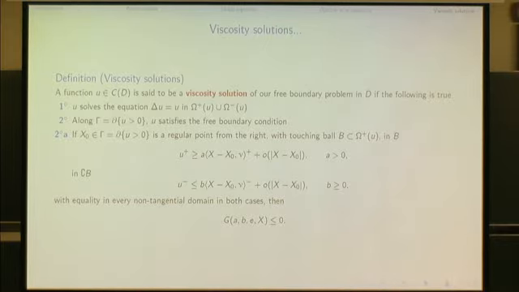And finally, the definition of viscosity solutions. This is my favorite part of the slides because it's very long, but I'll give you some geometric explanation of these two cases that I will be considering. So first one says that I'm considering a solution to this semi-linear equation.